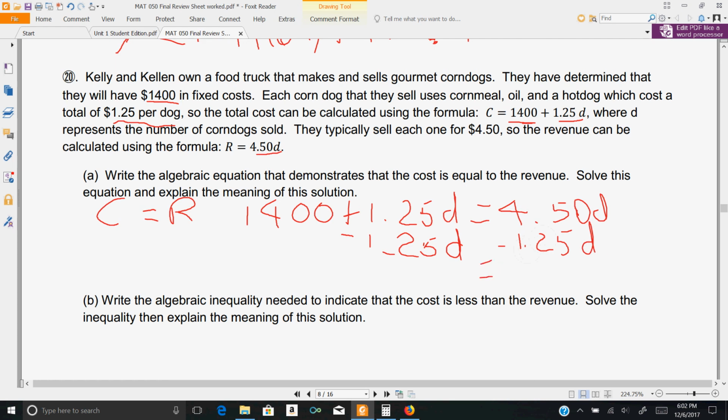That's going to leave me 3.25D equal to 1400.